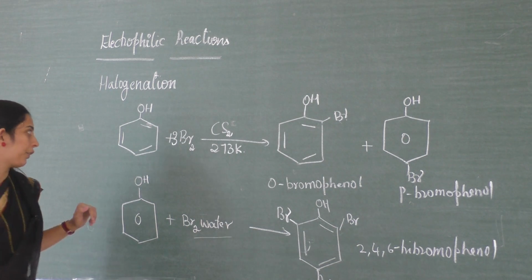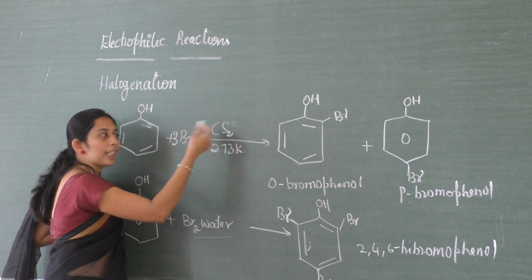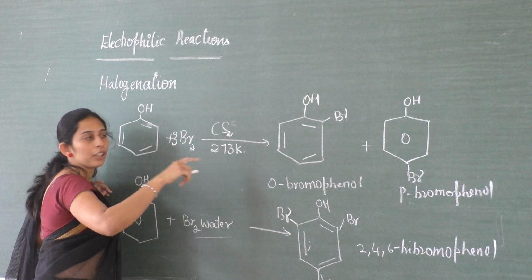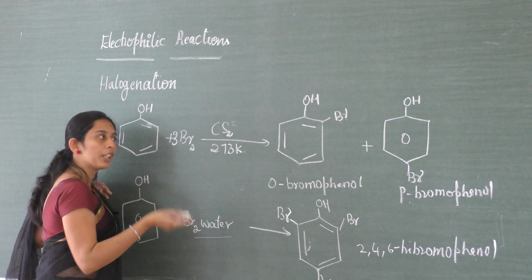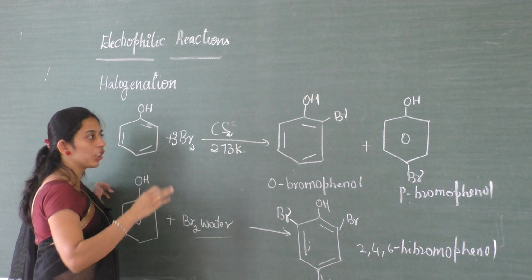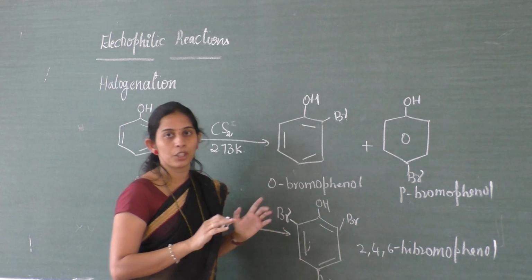So don't get confused. If you use bromine in carbon disulfide, ortho and para substituted products will be formed, as individual ortho substituted and para substituted products.